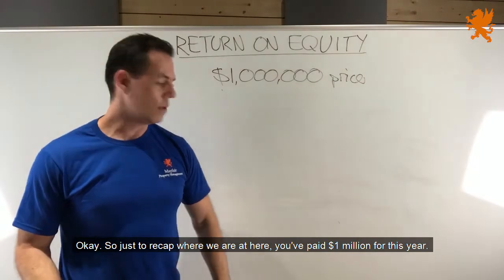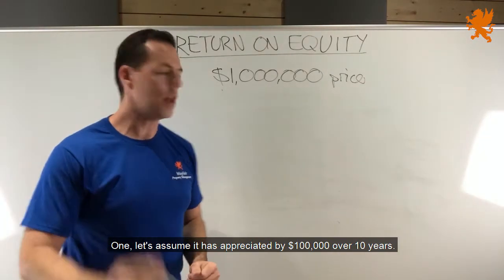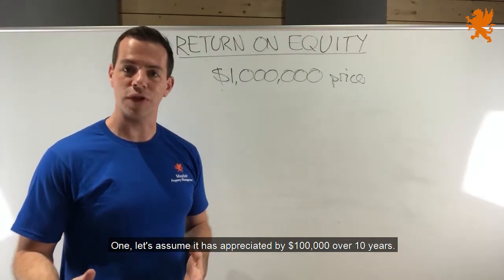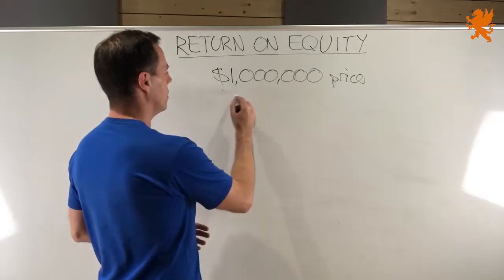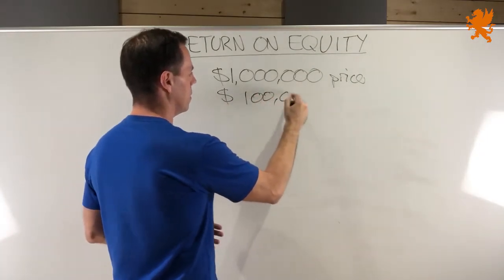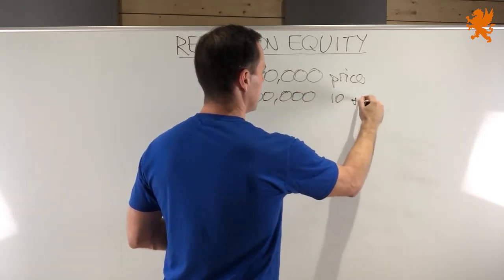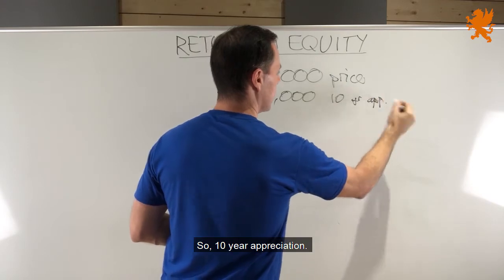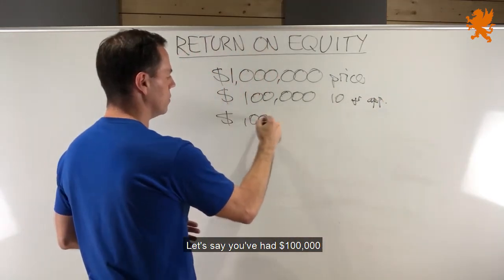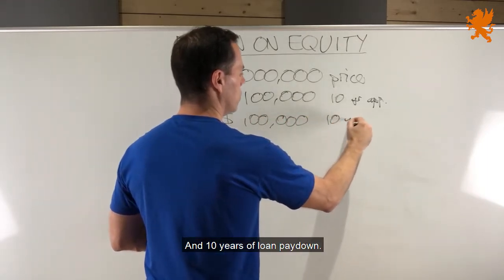Okay, so just to recap where we are at here, you've paid $1 million for this in year one. Let's assume it has appreciated by $100,000 over 10 years. So 10-year appreciation, let's say you've had $100,000, and in 10 years, $100,000 of loan pay down.